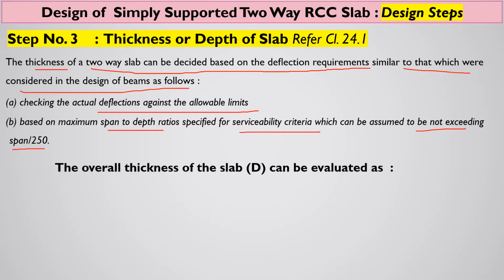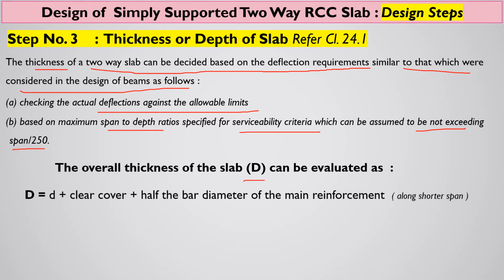So overall thickness of the slab, that is capital D, can be evaluated as the sum of effective span plus clear cover and half of the bar diameter of the main reinforcement. Here we have to keep in mind that whenever we are doing any calculation, since there are two spans Lx and Ly, we will be focusing on the shorter span.